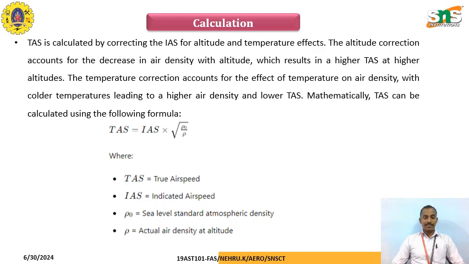Here the aircraft is flying at a different altitude, which is not the same as the ground, due to temperature or density variation. So this has to be modified by doing the calculation with the formula. True airspeed is equal to indicated airspeed times the square root of rho naught by rho.